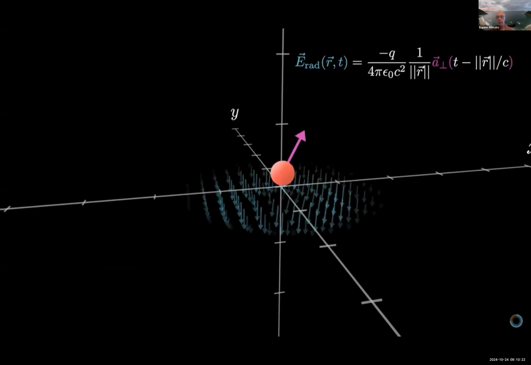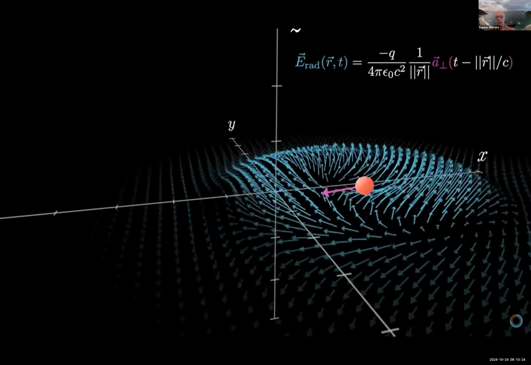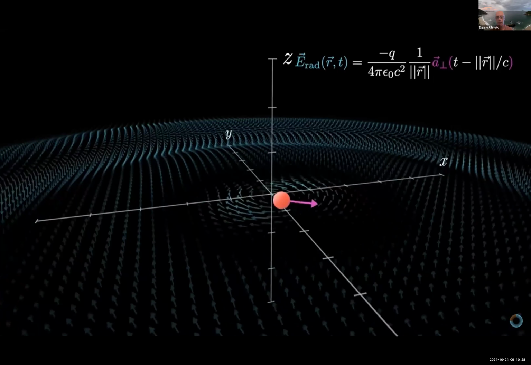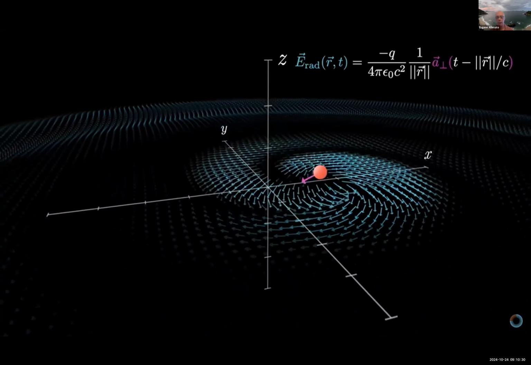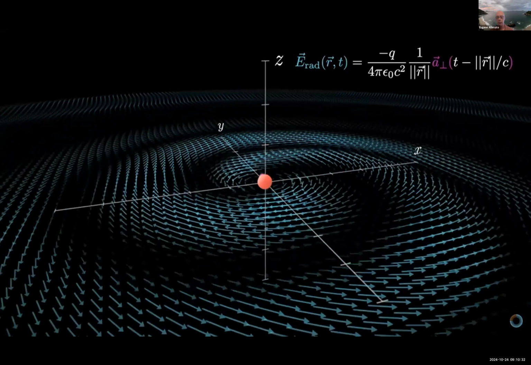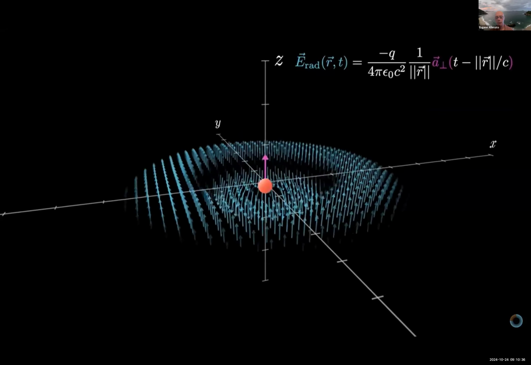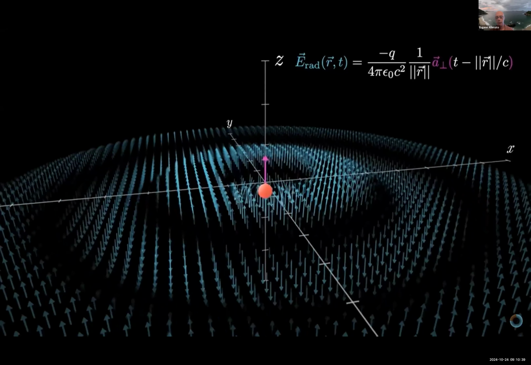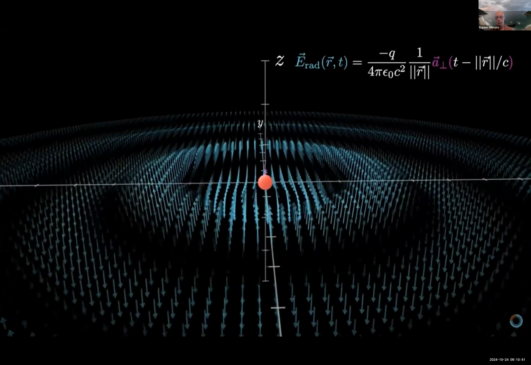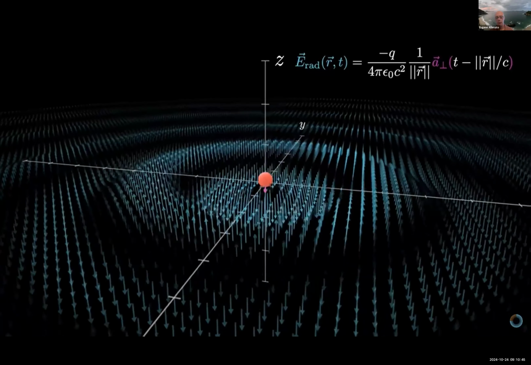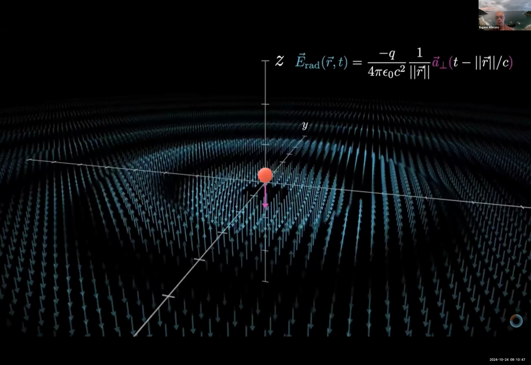For the animations I'm about to show, all I've really done is encoded in this one law, which tells us what should this component of the electric field be at every point in space, as determined by the history of accelerations of a particular charge. For example, if I set that charge oscillating up and down in the z direction, and illustrate this component of the electric field everywhere on the xy plane, you see these circular propagations of equal strength in all directions.